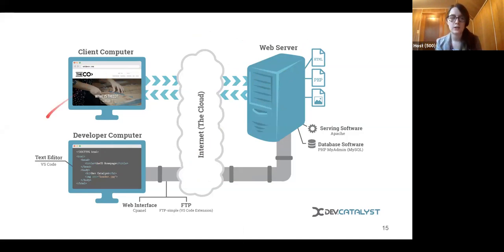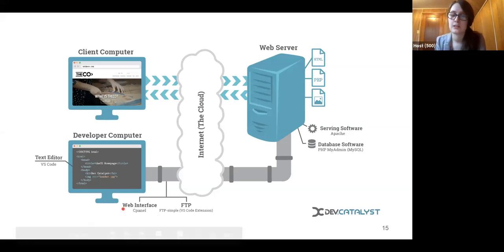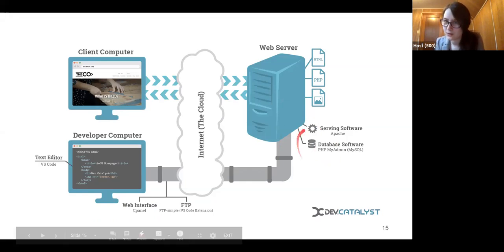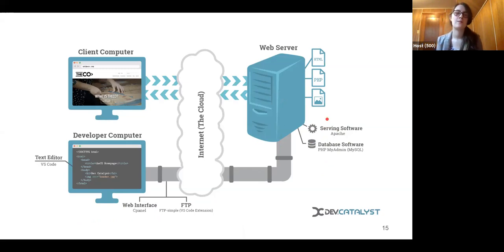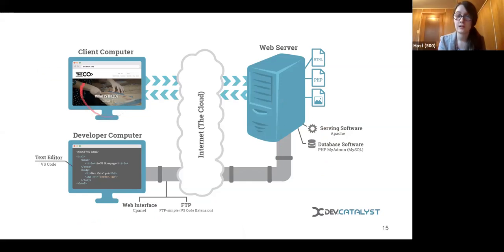And you've got these other tools. You've got a text editor that the developer uses to write the code. You've got this pipeline, which is a set of tools that the developer uses to upload files to your web server. And then you've got all this software on the web server. This is the next level of HTML and CSS, basically. So you've got HTML and CSS right here that is making the site look pretty and arranged correctly.